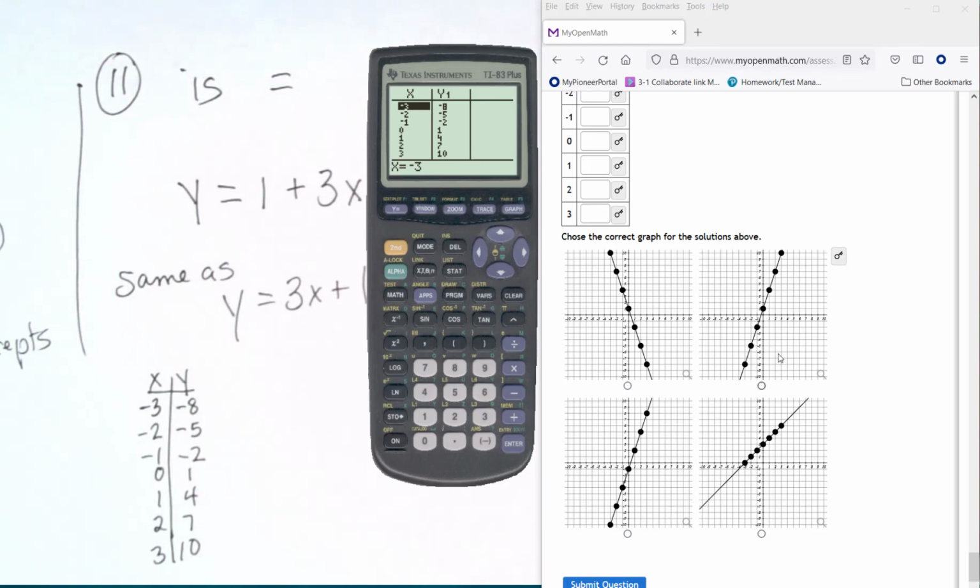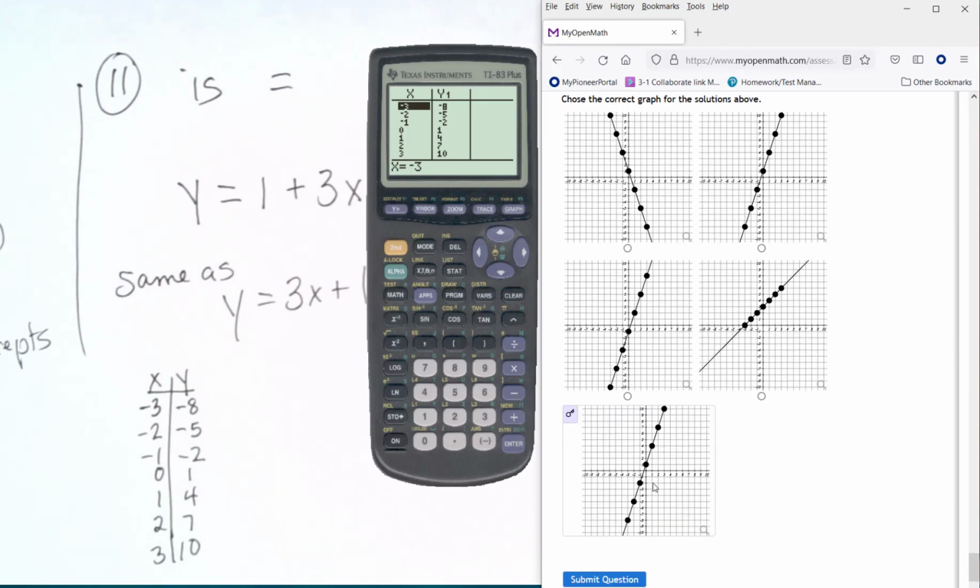All right, so that is our table, and we can look for those coordinates on these two that we are matching up. So first, let's look for 0, 1 and see if it's on either one. So over 0, up 1. Okay, this one is. Right, so don't go over, go up 1. So I just picked this point. I thought that would be easy to look at. Right, so over 0, up 1. This one is good.